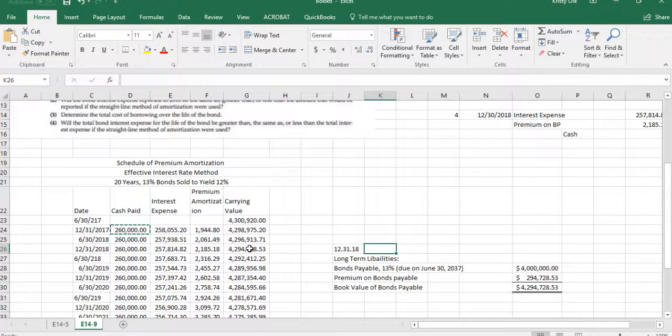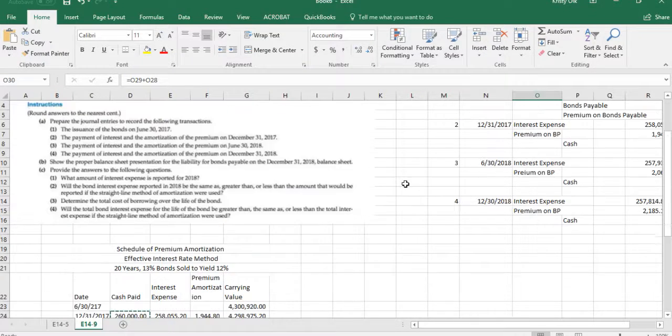Let's go to 12/31/18, and lo and behold, the two values tie out to each other, as they should. If it does not, then you have a slight problem somewhere. So let's go back one more time to see what our next item is.